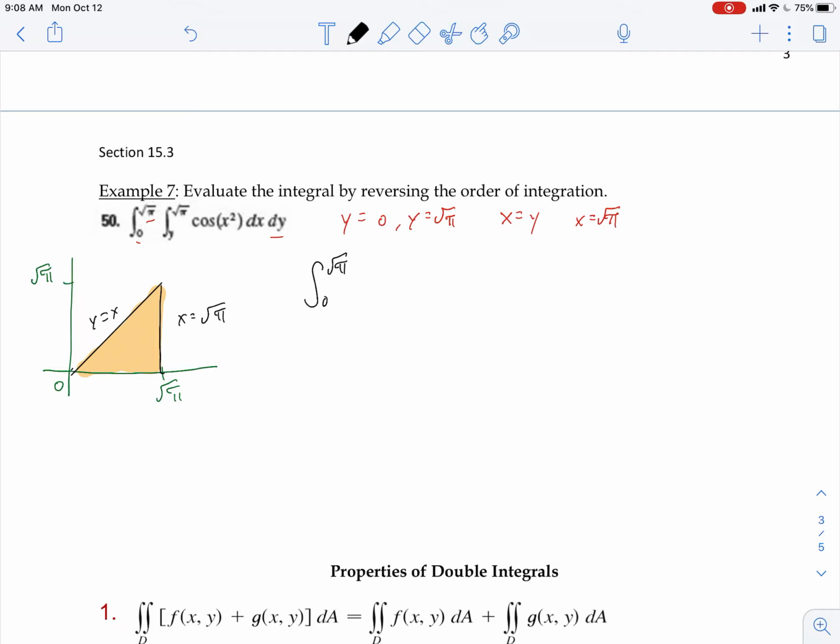And then we're going to do our y's, and our y is going to be 0, y equals 0, y equals x. And now we're going to do cosine of x squared dy dx.